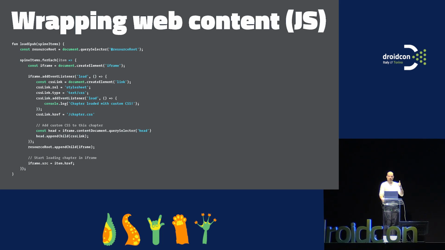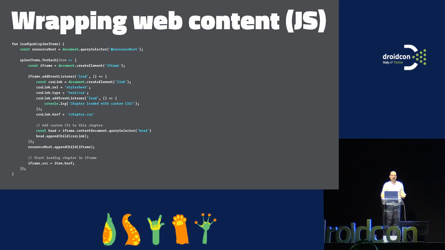And so we know the URLs for each of the chapters, we know the MIME type for all the content, etc. And for every item, we create an iframe. And for each iframe, we append it to the resource root, so that there will be a number of iframes inside that one. And then we tell the iframe, okay, here is the URL that you're going to load for this chapter.